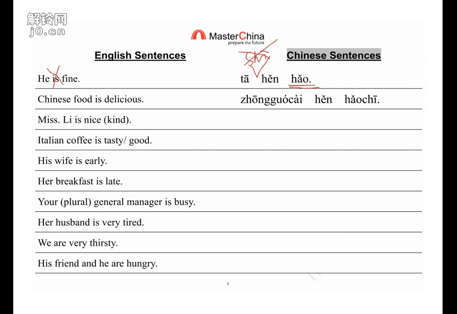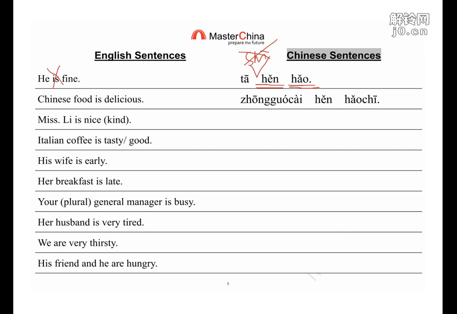people a clear degree. It's very good, or it's just so-so, or a little bit, it's fine, it's okay, it's perfect. We need a degree word. 很, please keep it in your mind. So we shouldn't put 是, but we must put the 很, otherwise your expression is wrong. 他很好, he is fine.